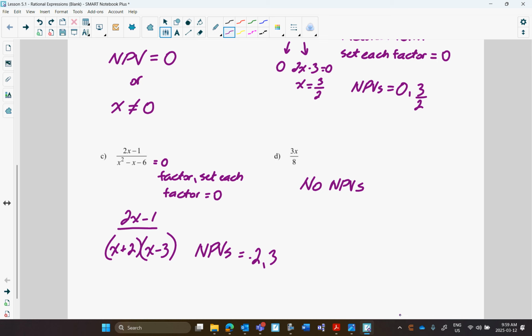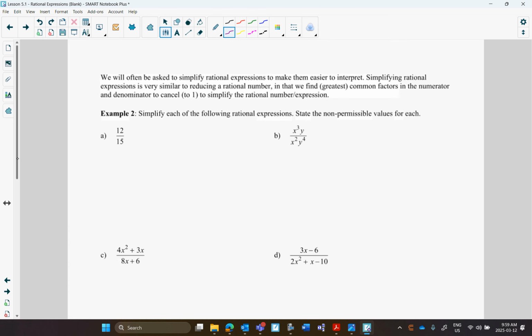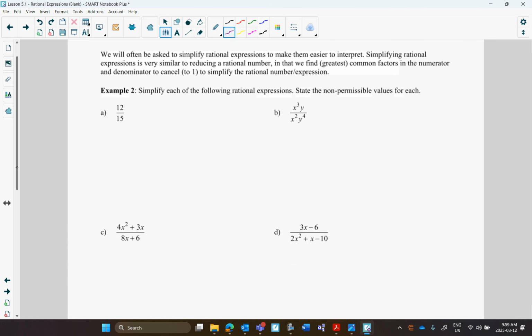So that's non-permissible values, something to keep in mind as we work with reducing and then performing the 4 operations on it. Before we start looking at the operations, we're going to start looking at reducing or simplifying. So let's go back to middle school.